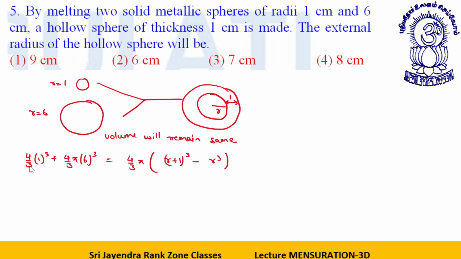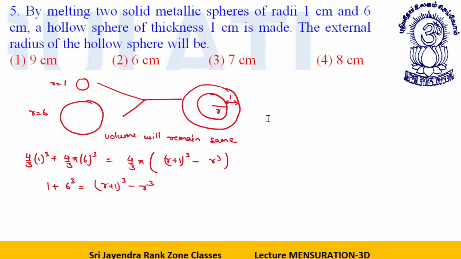It will be like this: 4 by 3 pi cancel. So what you are left with is 1 plus 6 cube is equal to r plus 1 cube minus r cube. I hope so far everything is clear to you and it's all easy.